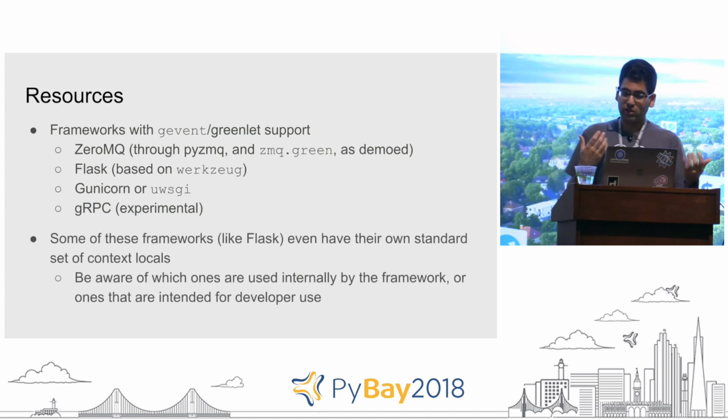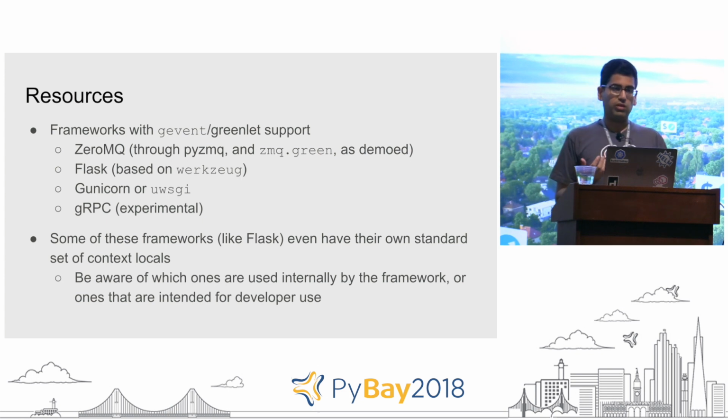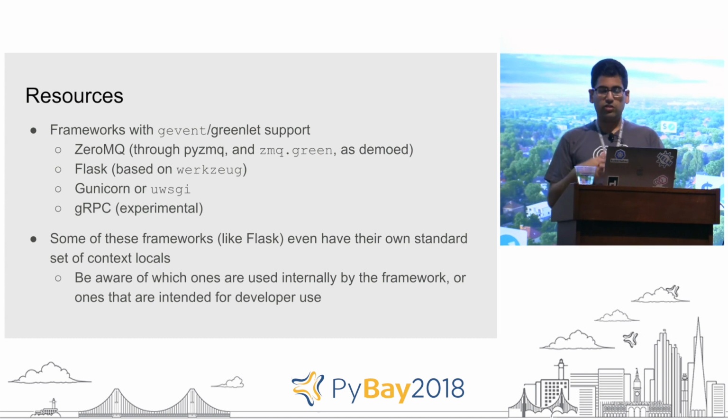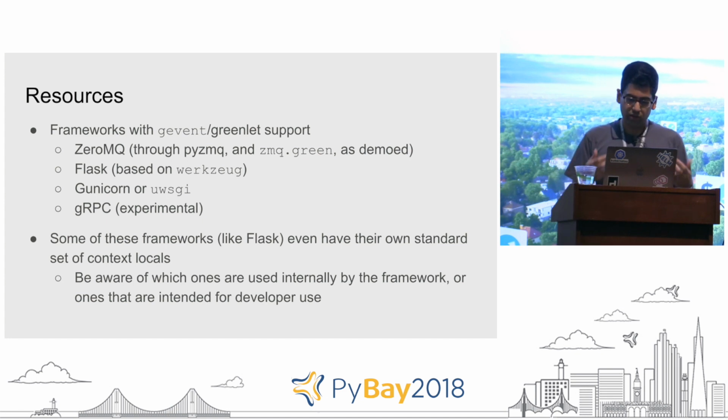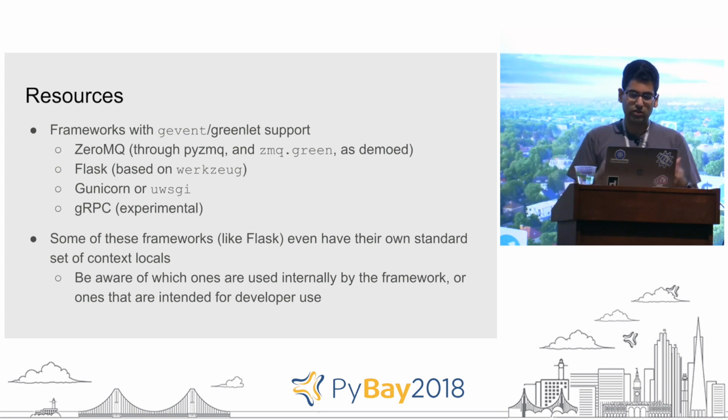Some of these frameworks, like Flask, even have their own set of context locals. Flask has something called Flask globals, usually accessible using the g attribute of the Flask module. It's accessed just like a global variable, but it's a global you can use to store information. The request object in Flask is also a global variable, so it's also available for that purpose. But you may have some issues modifying that variable versus the Flask globals variable. So again, it depends on your app.